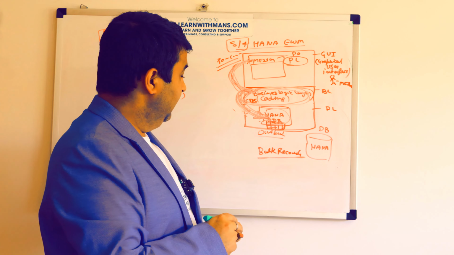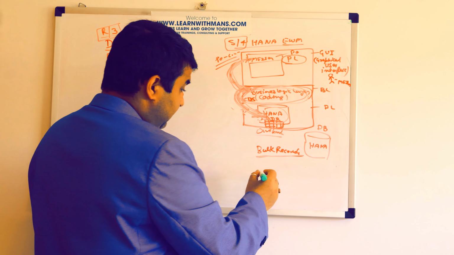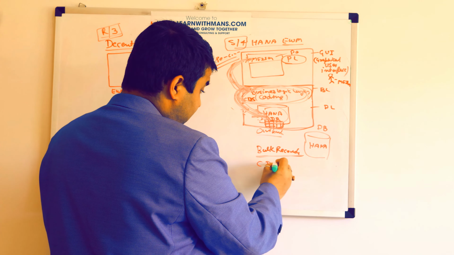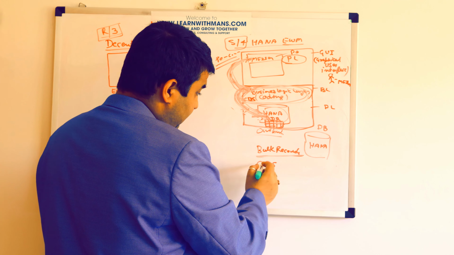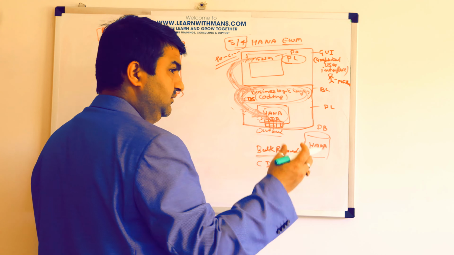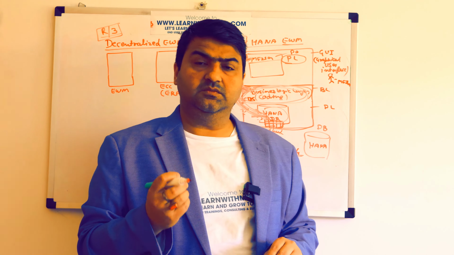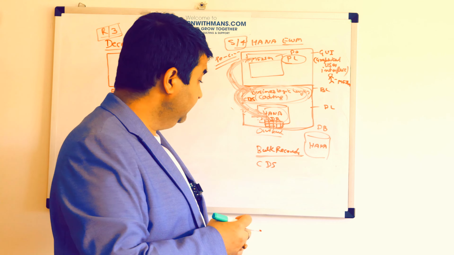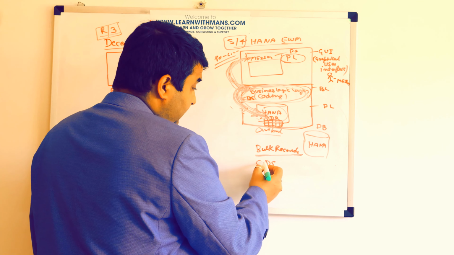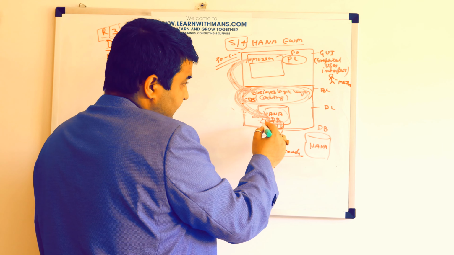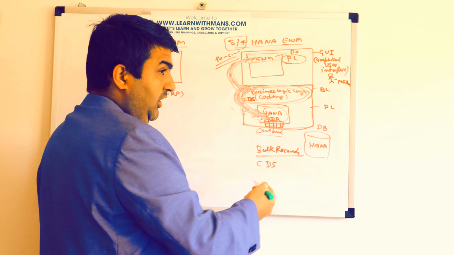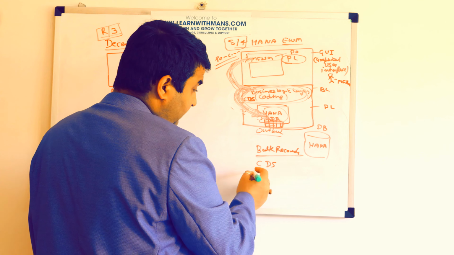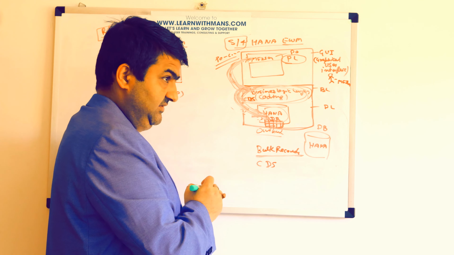So, the very simple thing, CDS, core data services. Now suppose we have bulk records, millions, billions of records. When we use S4 HANA architecture, development, modeling, one of the concepts is core data services.